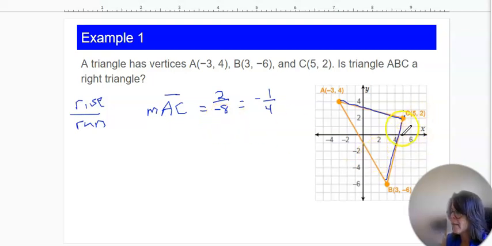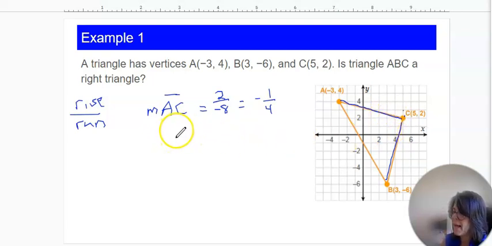All right, now let's find this side. We need the slope. So again, we're going to do rise over run. It doesn't matter which one you start with. When I say rise, it could be lower. Okay, I'm going to start here, and I'm going to go up till I'm even with the other point, and then start counting my run. So rise, 1, 2, 3, 4, 5, 6, 7, 8.